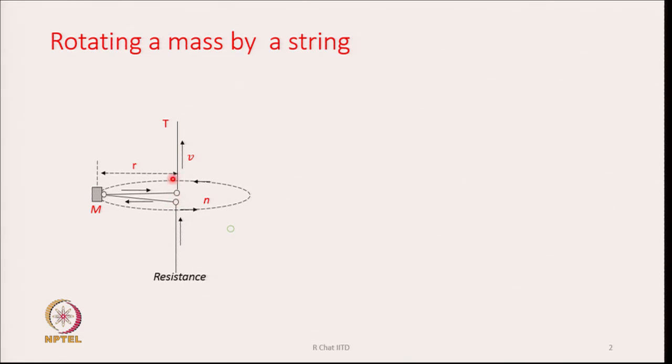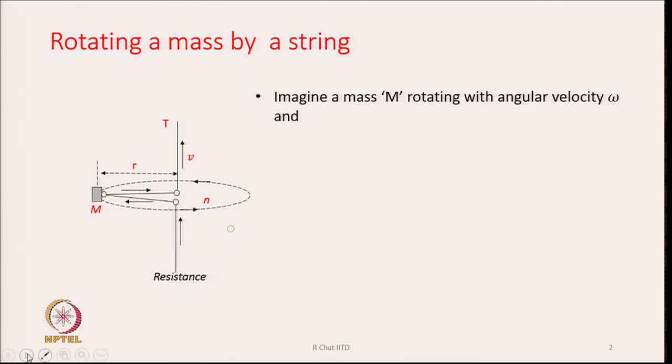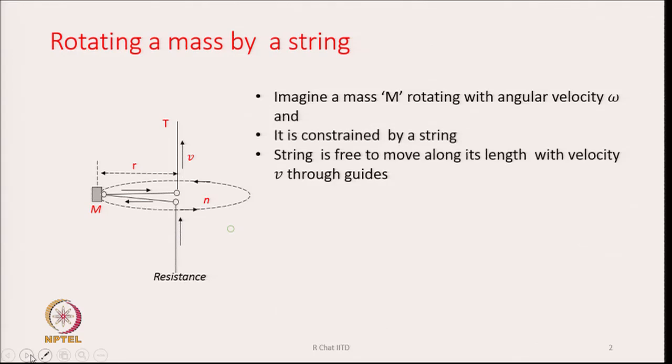This is the guide, this is another guide, and there is a resistance to the string, and because of the resistance the tension acting on it is T, and the string is also moving with a velocity v. The string is free to move along its length with a velocity v.